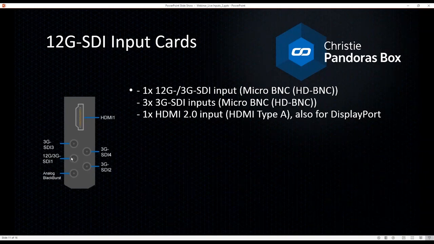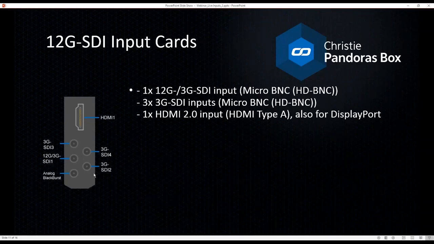If you connect a 3G signal, those ones work. So in total, you have again a quad 3G card, which we have seen already on the last slide. In this case, however, the connectors are micro BNC ones. This is the only difference.